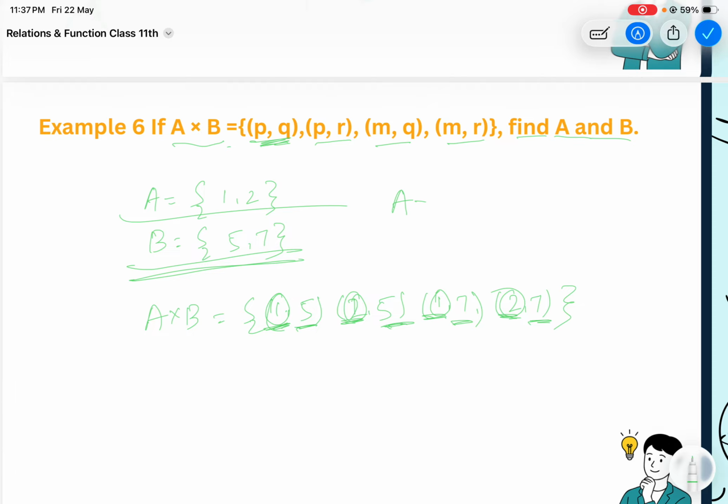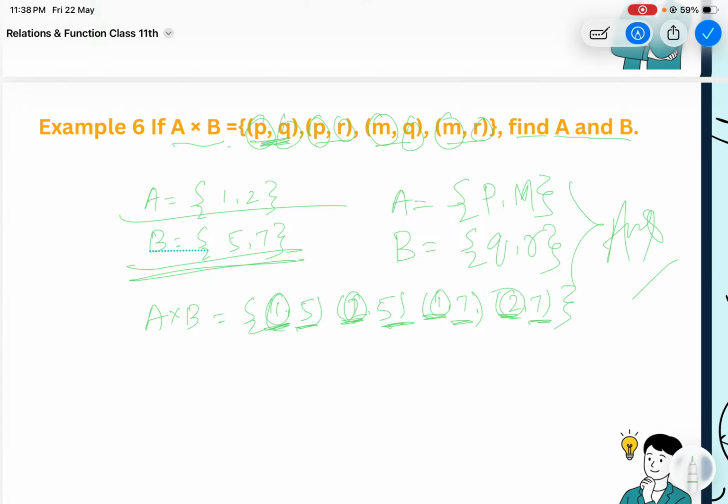So we can also say here A equal to P and M, P comma M, and B equal to Q and R, Q comma R, right? So this is the answer.